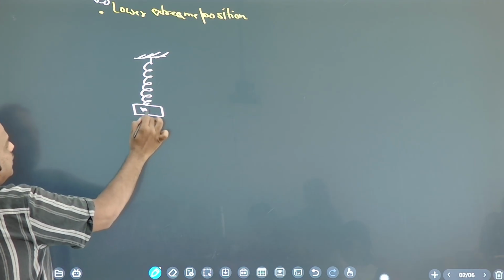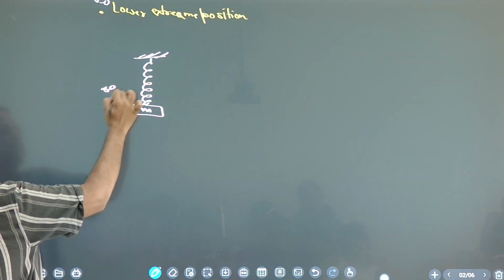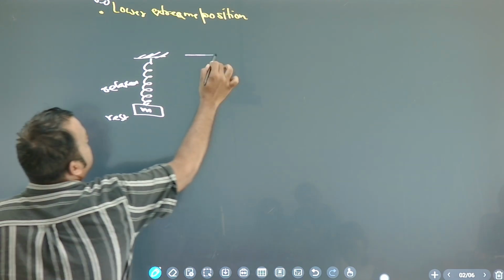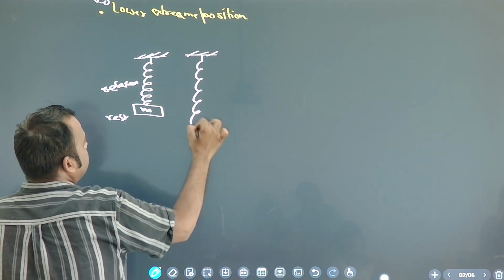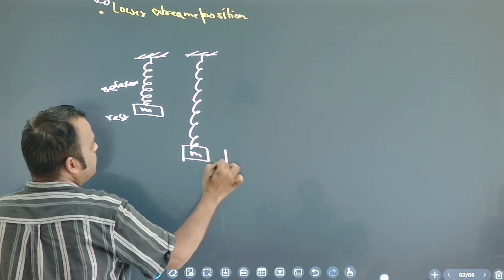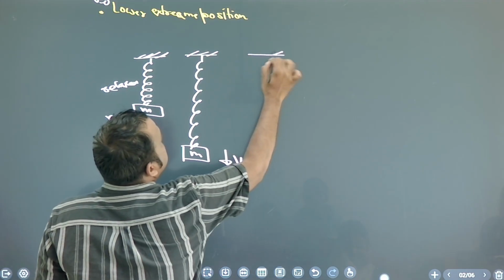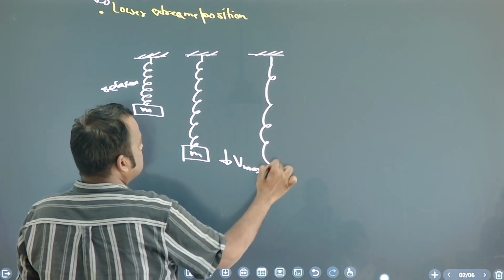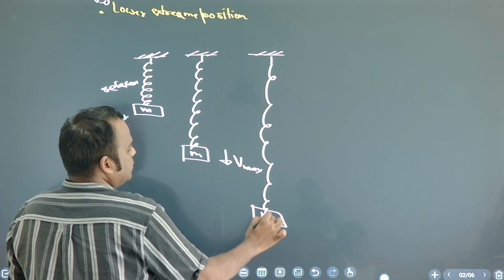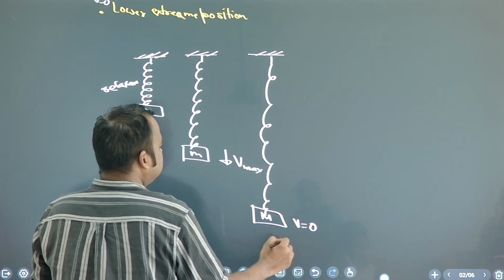So here the block is at rest, spring is relaxed. Now the block is here, speed is maximum, V max. Now here the block is again at rest.